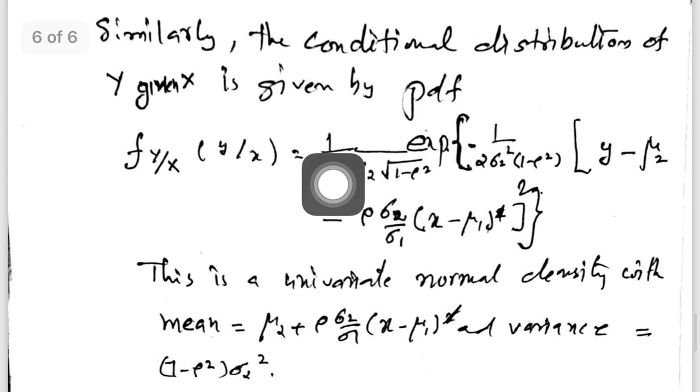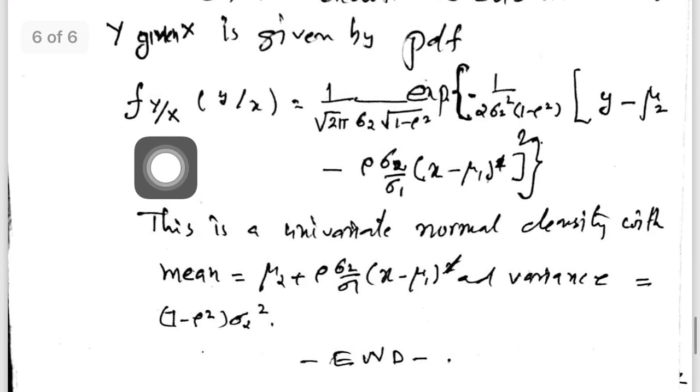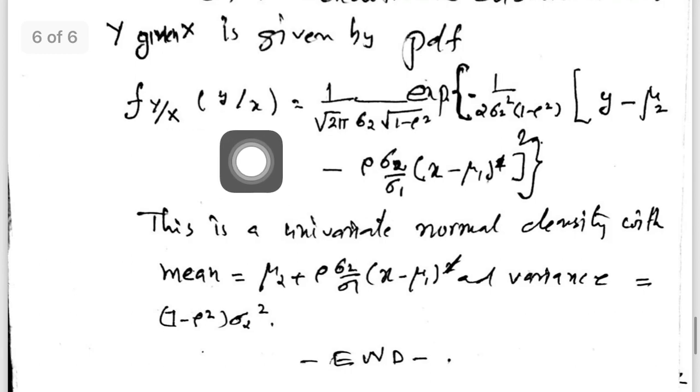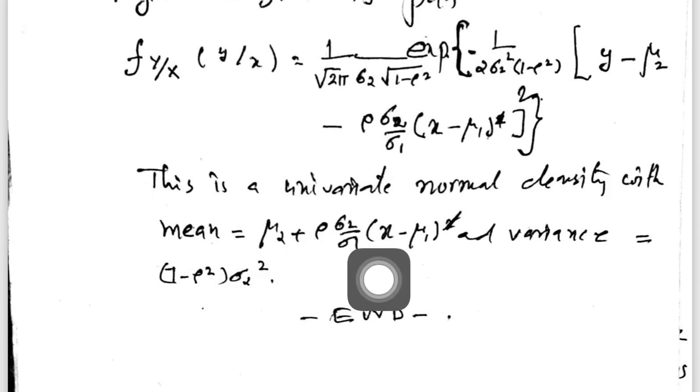And similarly here you are finding the conditional density of y given x. Since x is given, naturally you can expect the mean in terms of that given x. So it is not a surprise, it is quite obvious.